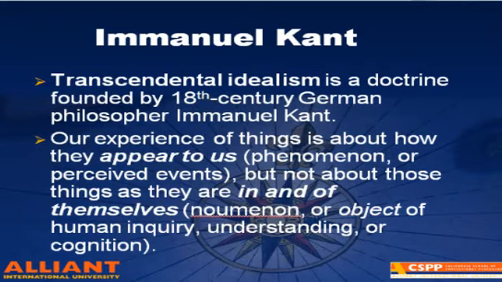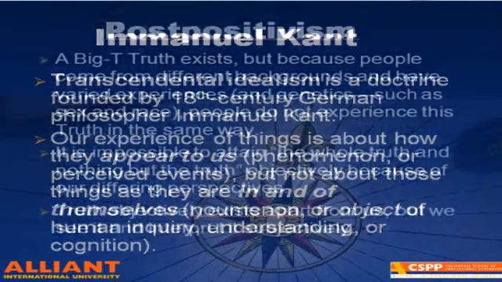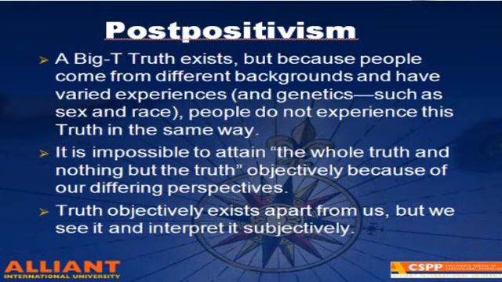What Immanuel Kant was talking about is that we have the water, but also the experiences that we've gone through. So this goes back to post-positivism: big T truth exists, but because people came from different backgrounds and have varied experiences, people do not experience this truth in the same way.